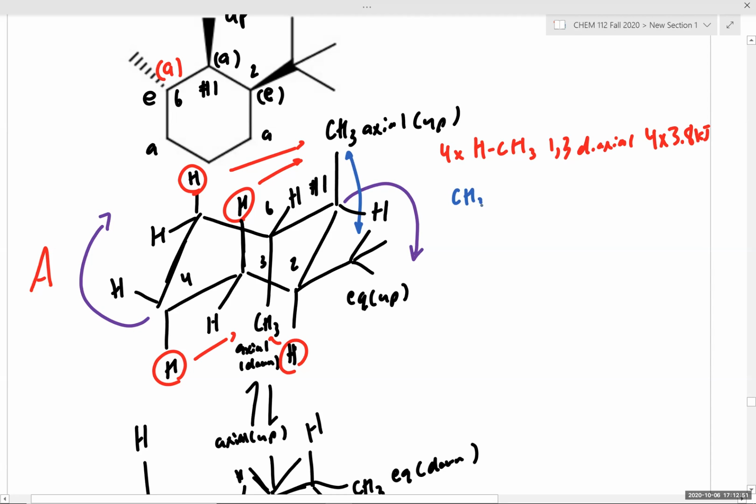So we also have a methyl T-butyl gauche interaction, which we would estimate, considering that a methyl gauche is around 4 kilojoules, this methyl T-butyl interaction will probably be around 7 kilojoules, just order of magnitude. So adding these together, we have a total amount of strain of 22.2 kilojoules of strain for structure A.